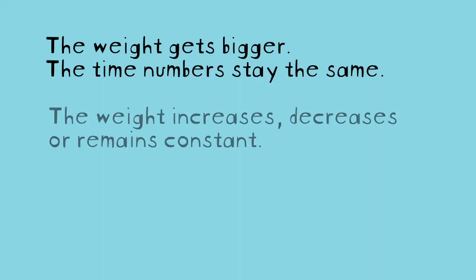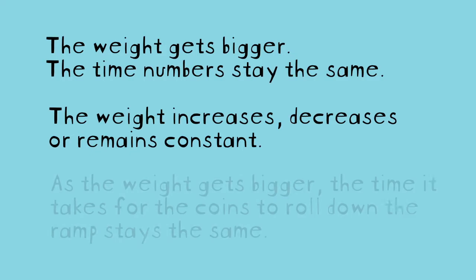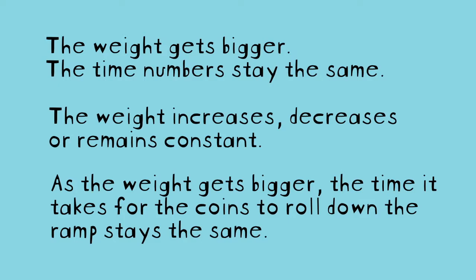I could decide to introduce increase, decrease, remains the same. Or I could choose to introduce the linking sentence such as the weight gets bigger, the time it takes stays the same. I should be patient and not overwhelm the student with goal setting, recognizing that building academic language cannot be done in a single activity.